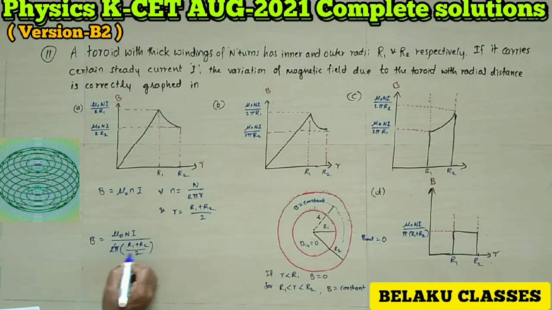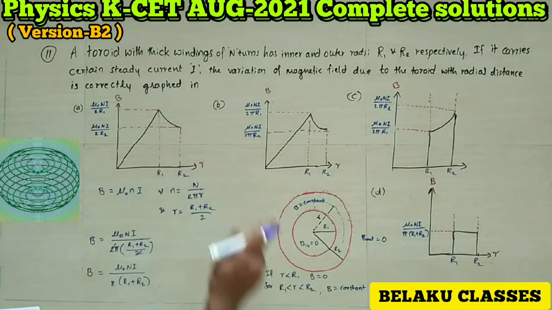So this 2 cancels, and what remains is B is equal to mu naught N I by pi into R1 plus R2.